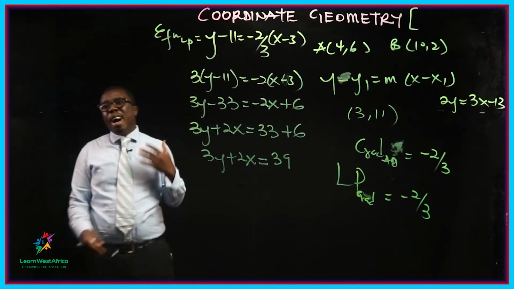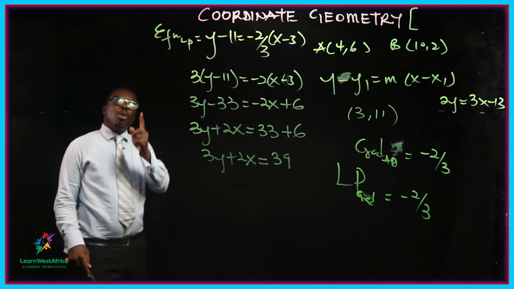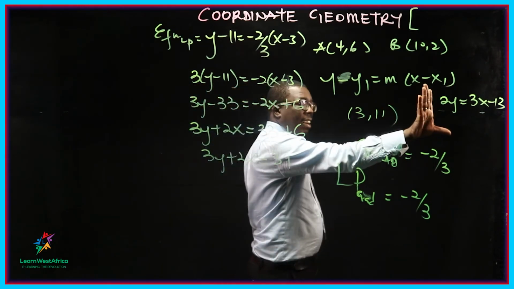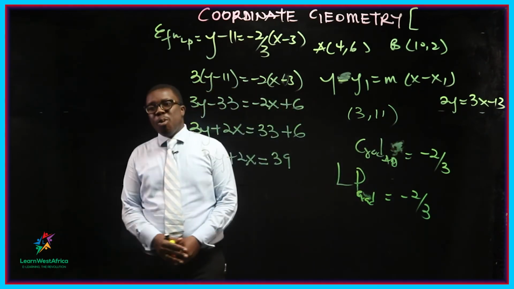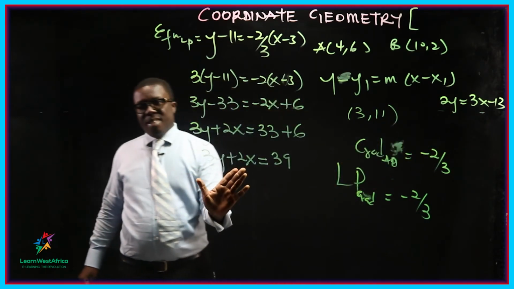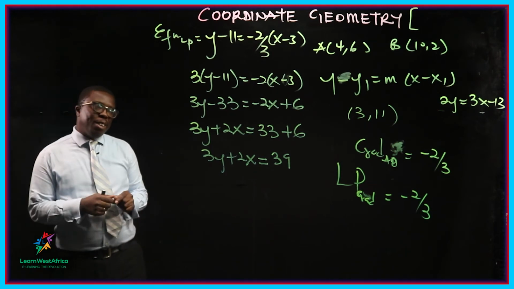So the question is, how do we find C? The answer is obvious, right? It is going to be the point of intersection of this line and that line. So we need to solve these two equations simultaneously. Then we find the coordinates of C.